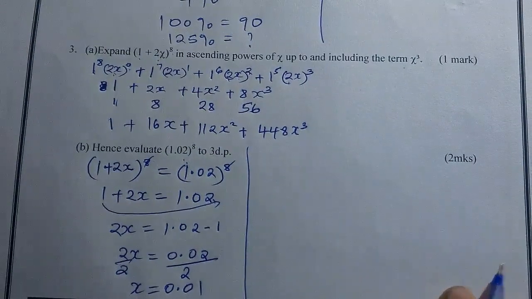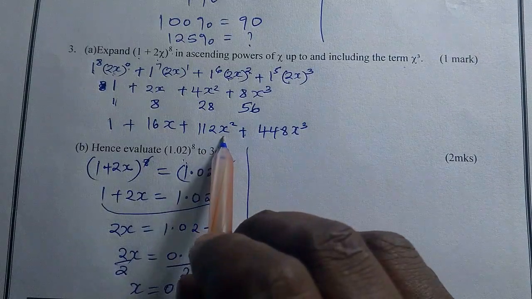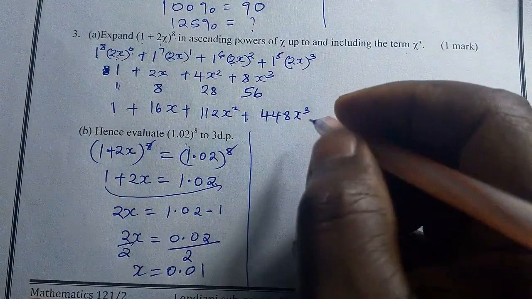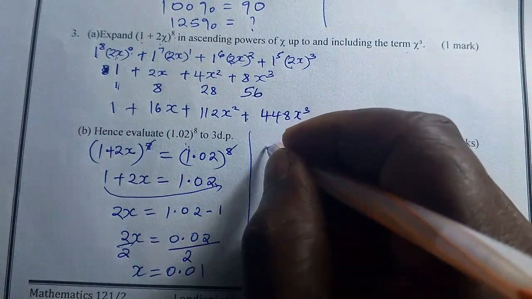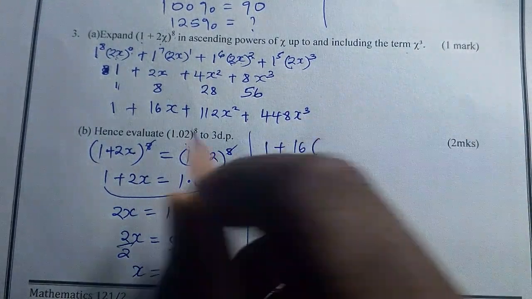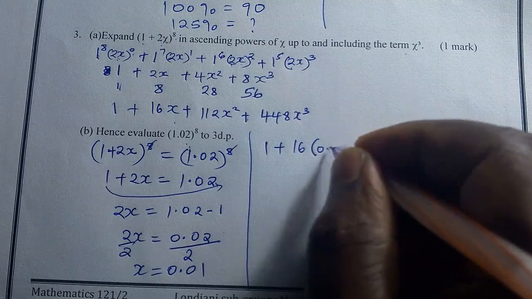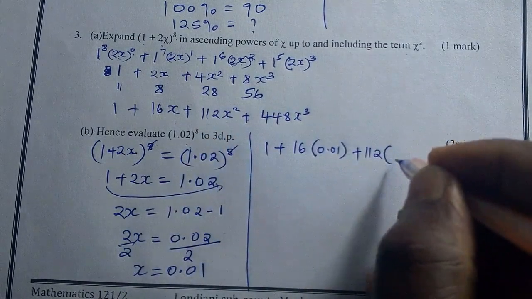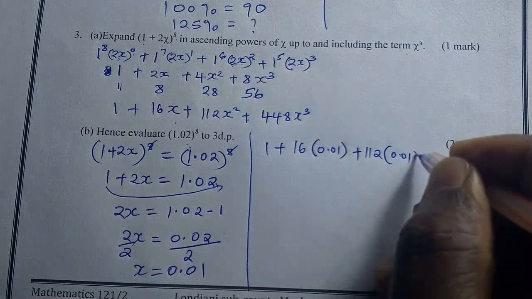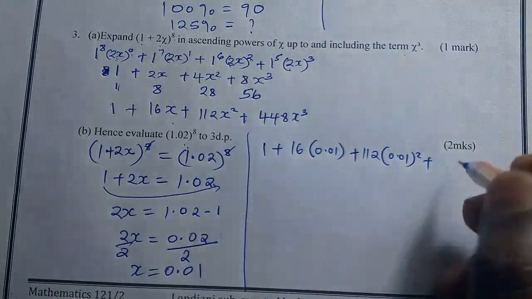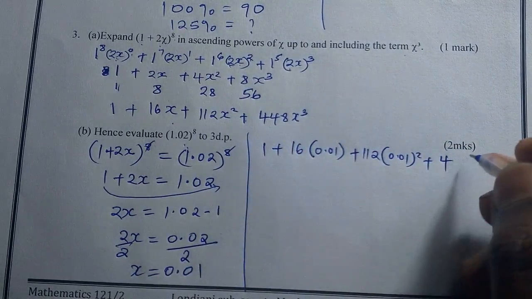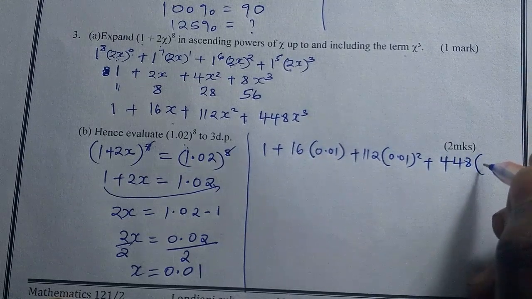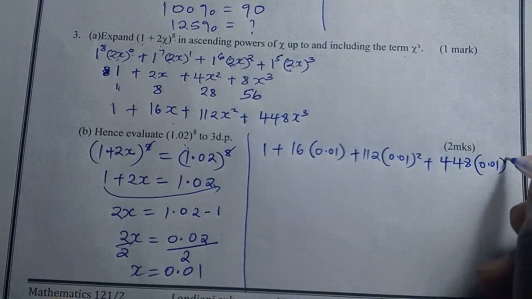Now anywhere in our expansion where you have x, you substitute with this value. 1 plus 16 times 0.01, plus 112 times 0.01 squared, plus 448 times 0.01 cubed.